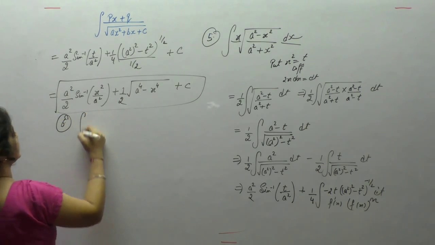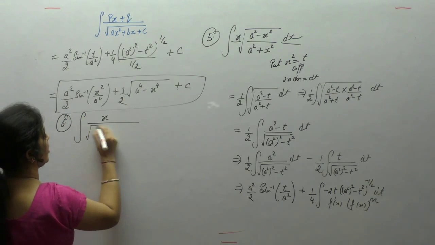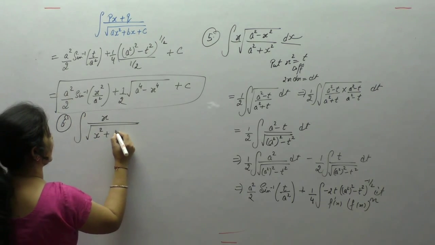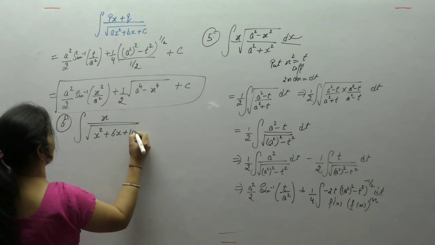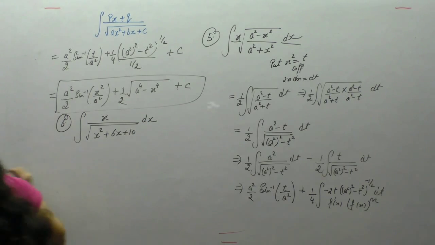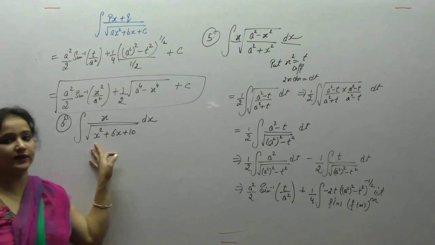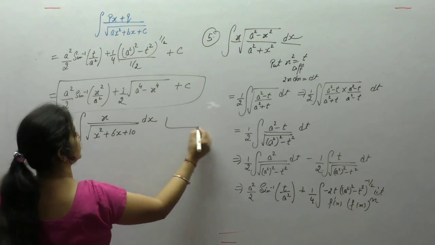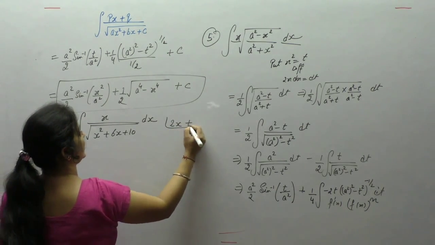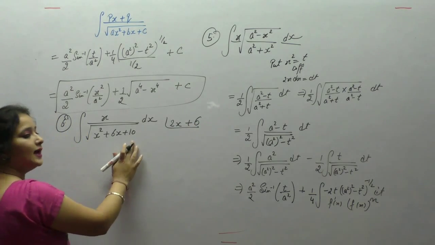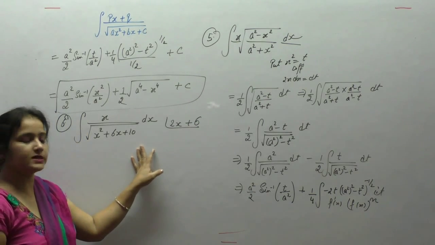Next question is integral of x upon square root of x square plus 6x plus 10. Now complete the derivative first. Derivative of x square is 2x, derivative of 6x is 6, and derivative of the constant term is 0.